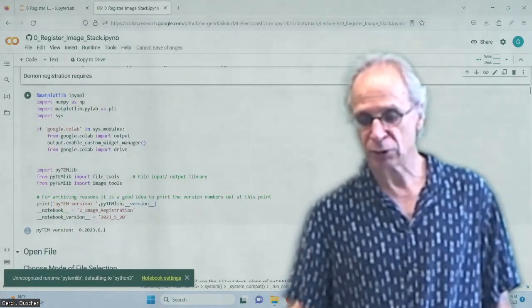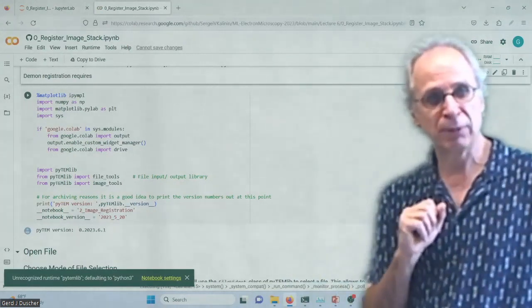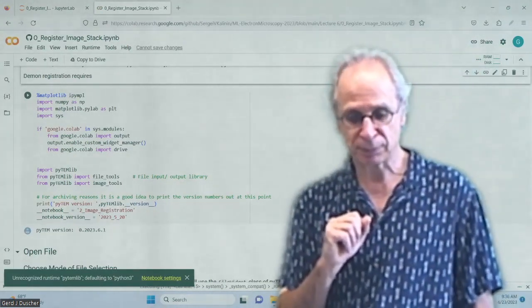Not sure that's the newest one. Google Colab has one problem that we will see here in a second.